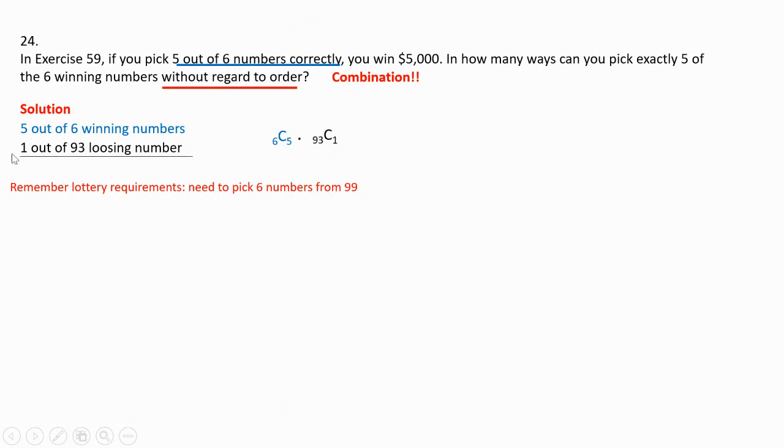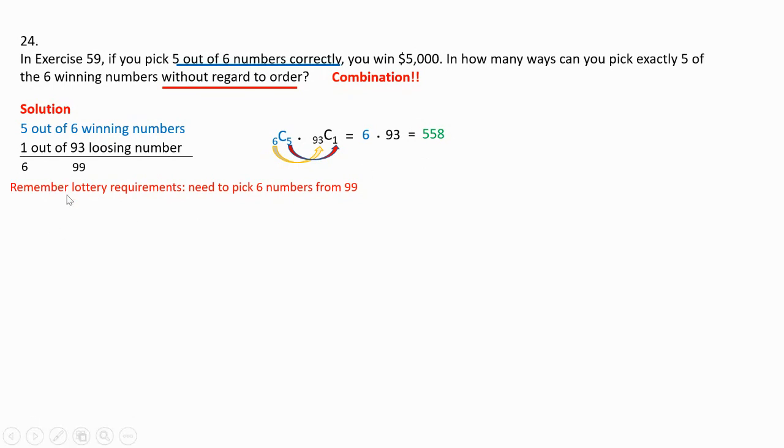Remember, this must add up to 6, and this must add up to 99. So we multiply 6 combination 5, which gives us 6, times 93 combination 1, which gives us 93. So it'll be 558. That's how many ways you can pick exactly 5 of the winning numbers without regard to order.